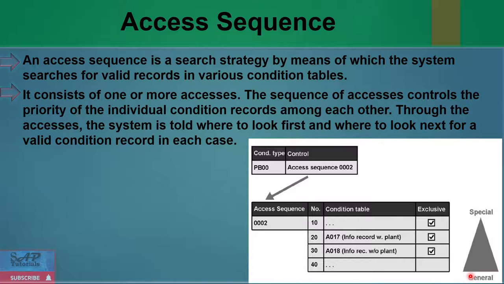In the discount example, the system checked first the combination of material and plant, then the header data from the contract. It selected the first one because it found a record there and stopped checking the next condition record. This is how we use access sequence to go from the specific condition type to the general one. If there is no data here, the system will ask you to enter it manually.